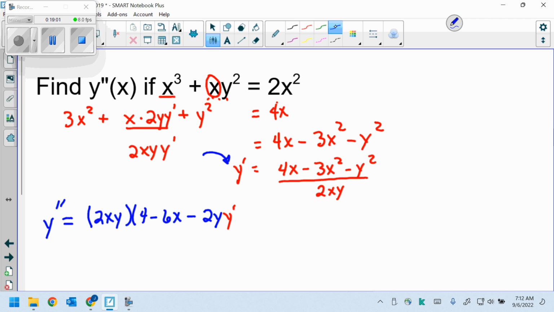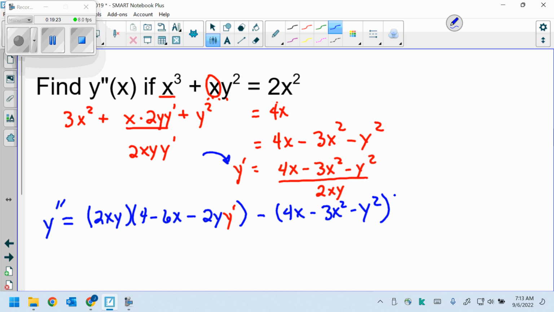There's low d high minus high. Well, high, 4x minus 3x squared minus y squared. D low.